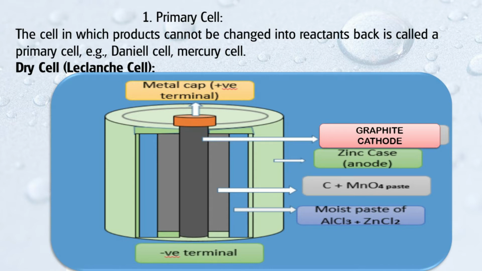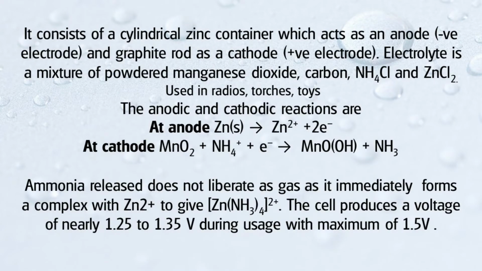The electrolyte consists of a mixture of manganese dioxide, ammonium chloride, and zinc chloride. It is used in radios, torches, toys, and many other devices.